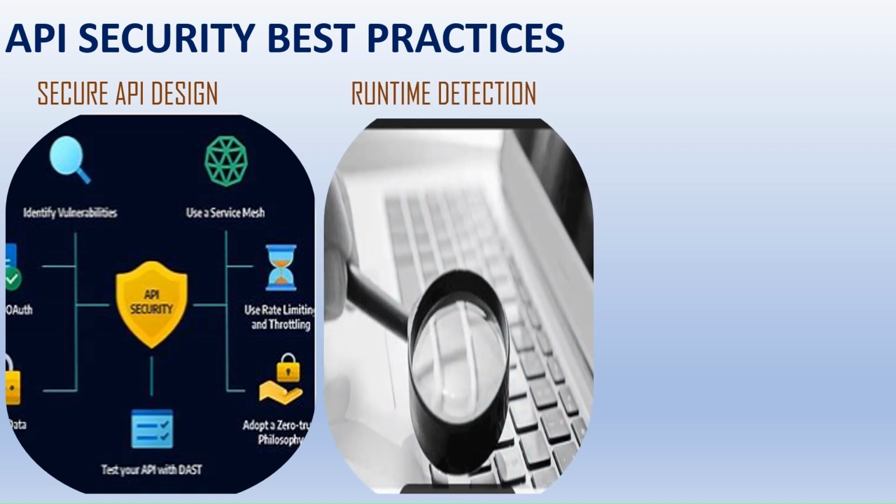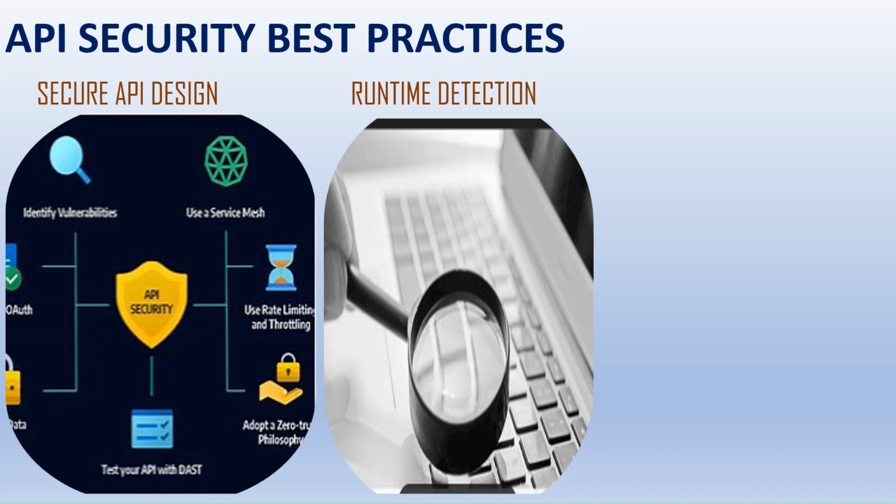Runtime detection systems utilize machine learning and behavioral analysis to establish a standard API behavior pattern. This enables them to raise alerts whenever any deviation from the pattern is detected. Such anomalies may include unexpected data flows, unusual API request patterns, and unauthorized access attempts.